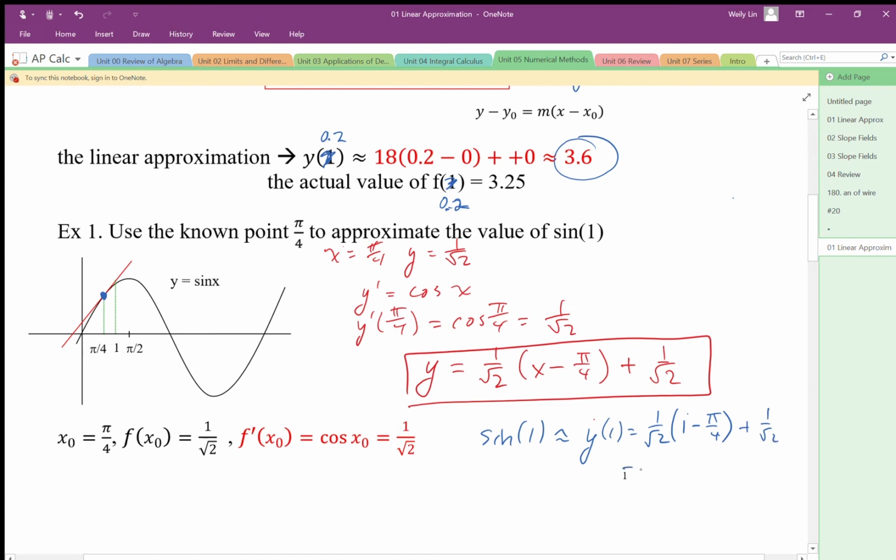Then we can simplify that. That's going to be about 2 over root 2 minus pi over 4 root 2, whatever that number works out to be.